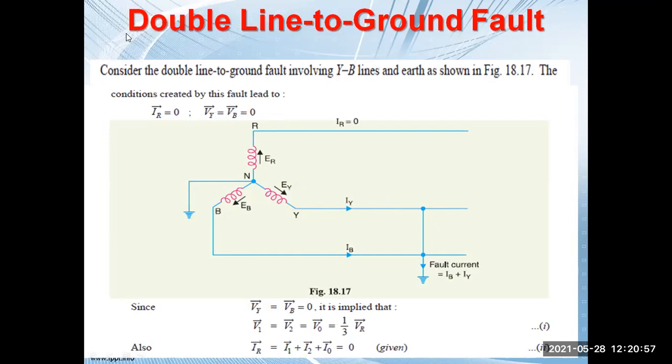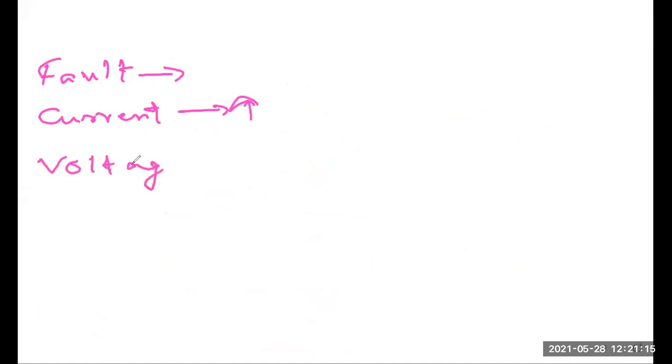In case of a fault in any electrical system, the current will be very high and the voltage will be low, close to 0. Have you understood this?